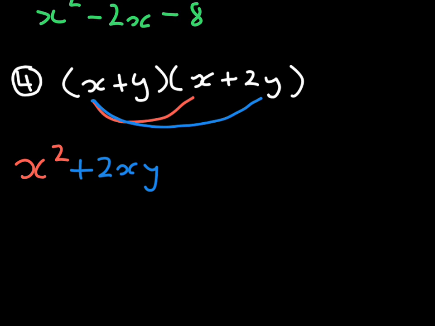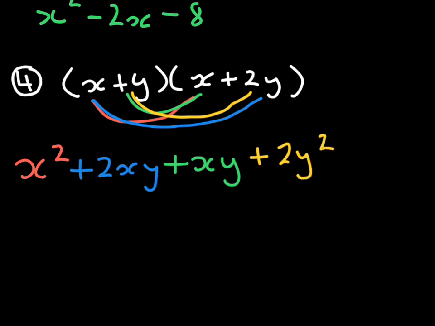The next letter is I for inner, so we multiply y by x, and this gives us plus xy. And lastly, the letter L for last means we're multiplying the y by 2y, and this gives us plus 2y squared.